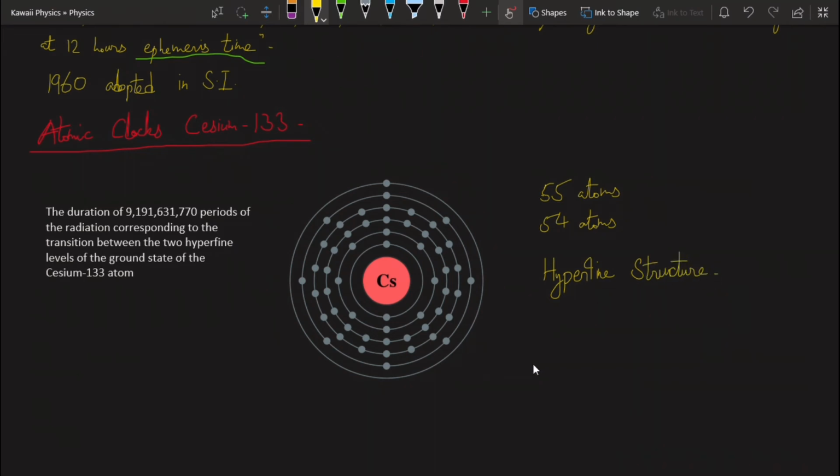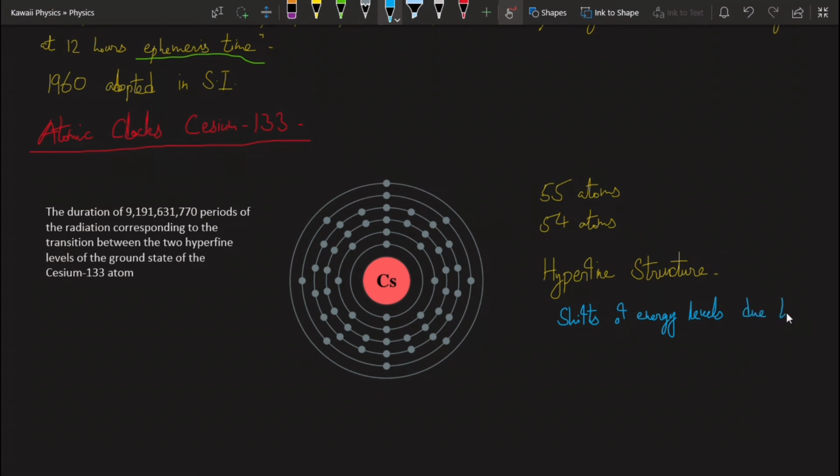So what is hyperfine structure? Hyperfine structure is just the small shifts of energy levels. Let me write it down. Shifts of energy levels. Why the shifts of energy levels?